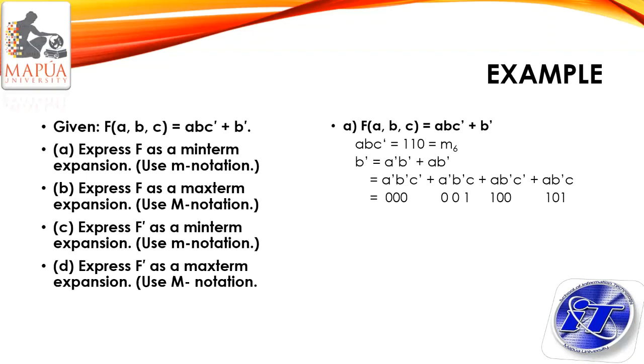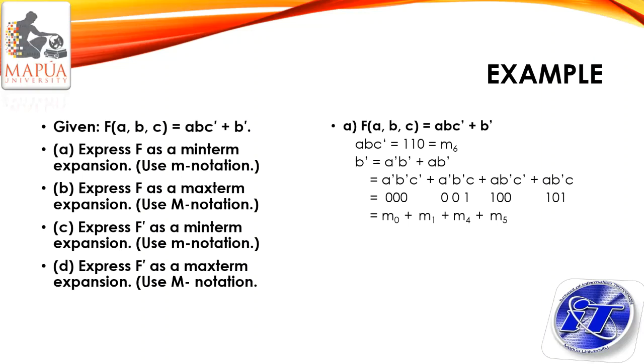Okay, each term, this is the equivalent: 0, 0, 0, 0, 0, 1, 1, 0, 0, 1, 0, 1. Again, complemented variables in SOP are equivalent to 0, uncomplemented, 1. Okay, so through B naught, we have M sub 0 plus M sub 1 plus M sub 4 plus M sub 5.